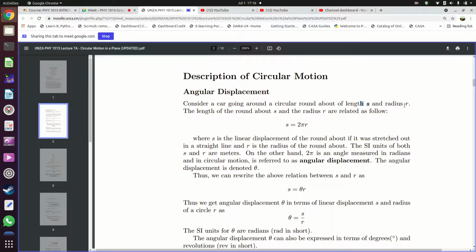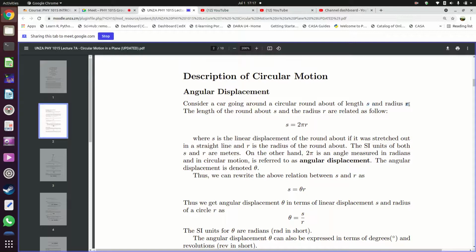So you have a car which is moving in a circle. The circle in which this car is moving has radius r, and this particular circle has a length S. If you cut the circle and find out how long it was, that would be your S. There is a connection between the length of this circular path S and the radius.